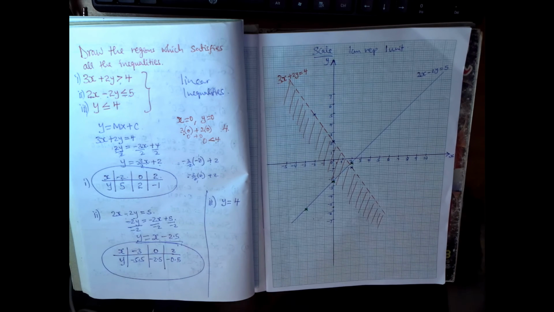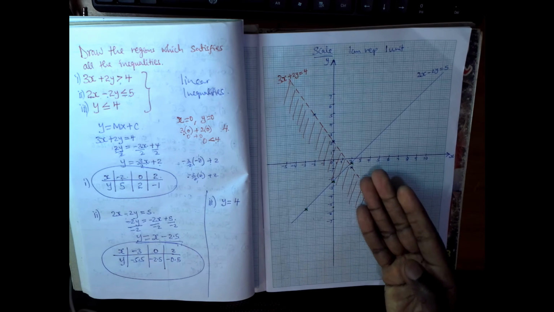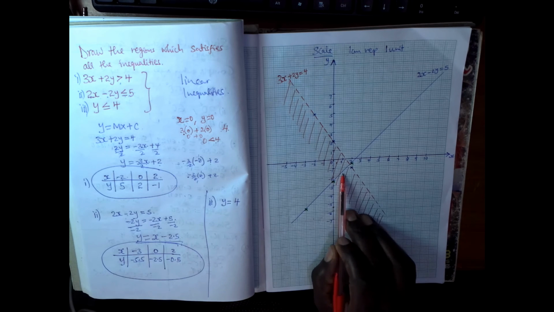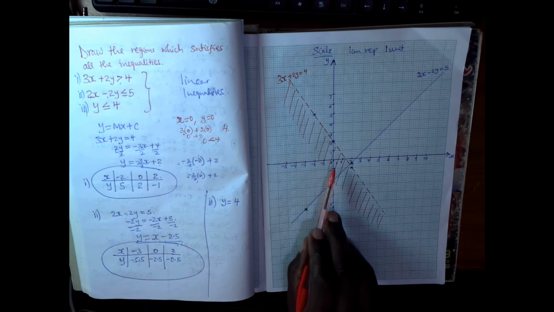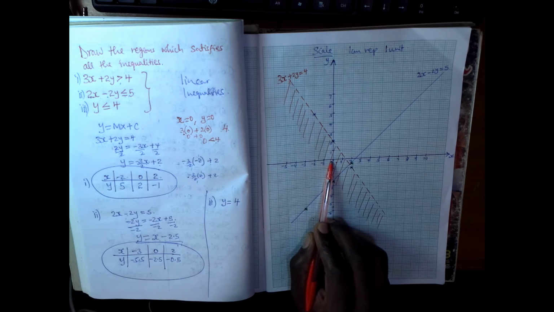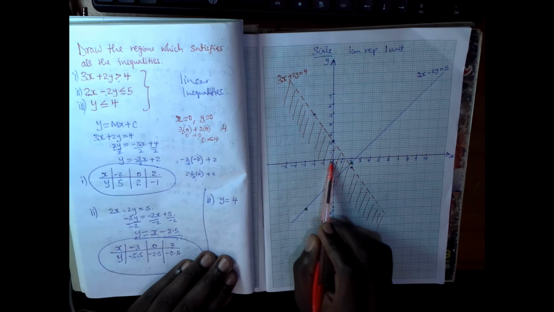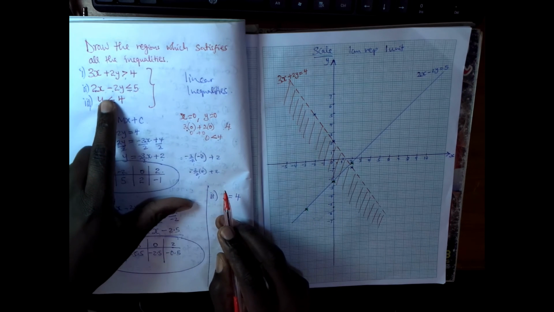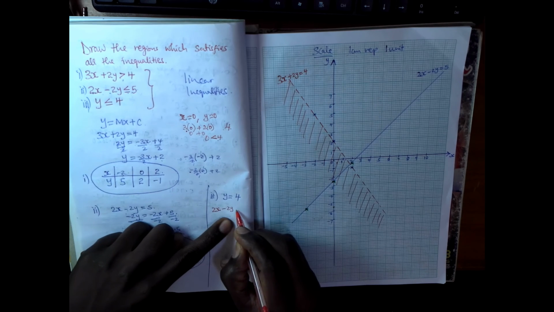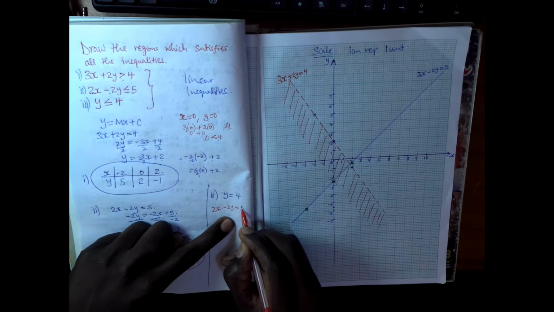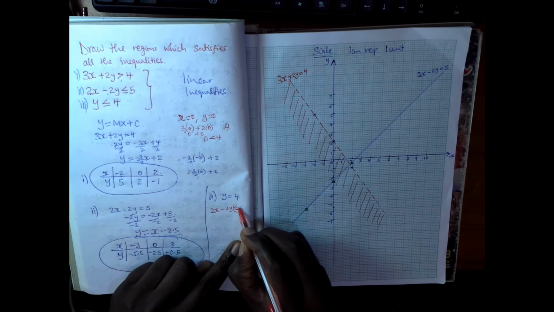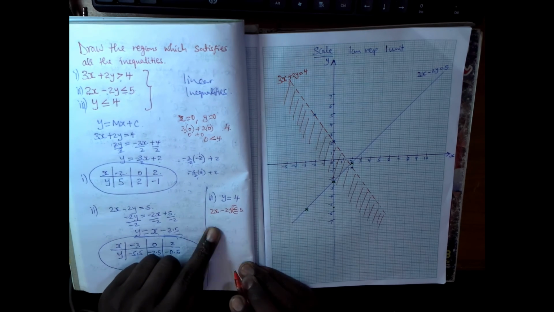So we need now to shade the unwanted region. In the same case, we can easily pick a point above this line. The easiest point is x is 0, y is 0. Therefore, we substitute into this inequality 2x minus 2y is less than or equal to 5. Simple.